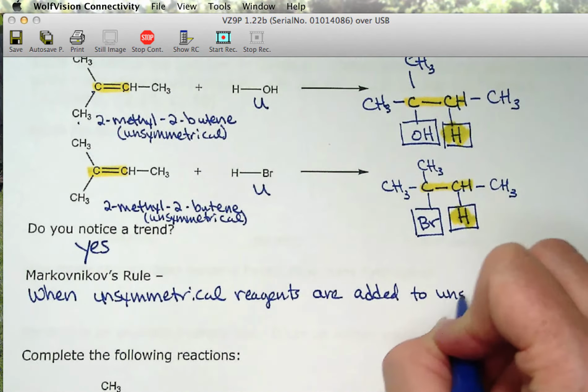You can draw it like this. You don't have to explicitly show those hydrogens. If you'd like to show them more explicitly so it makes more sense to you, I will definitely accept both answers. And in the beginning, I encourage you to write them out.